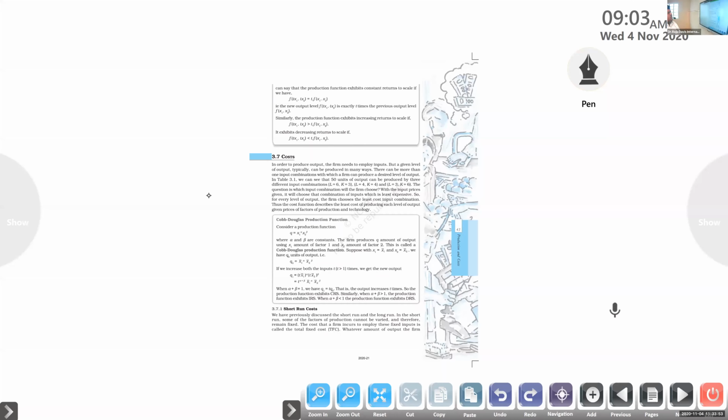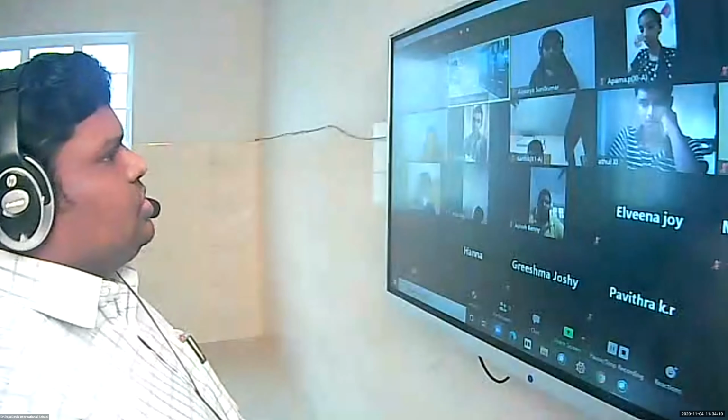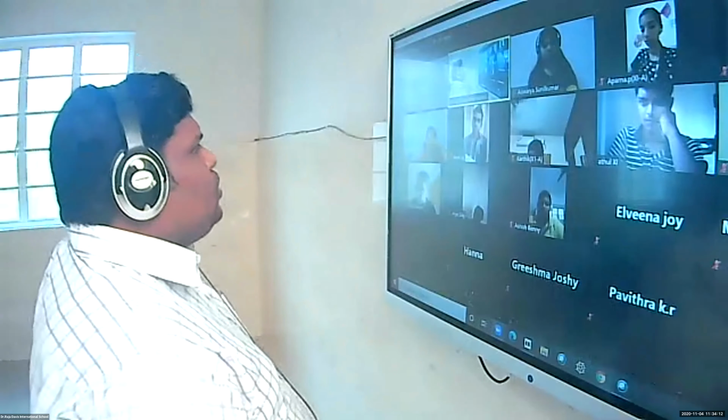So we are going to discuss costs here: the money that we spend to produce a new product. Not only industries, agriculturalists also do the same. Farmers also do the same. For example, how can farmers improve production? Anyway, the area of land is not going to increase.